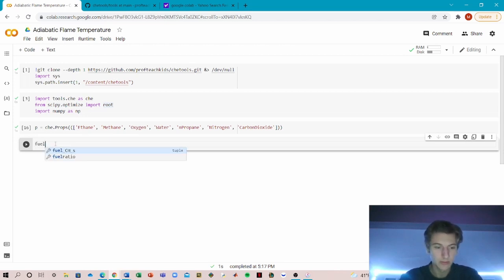So the fuel ratio equals, and this will be like the ratio between the two, carbon and hydrogen, when we balance out the equation.